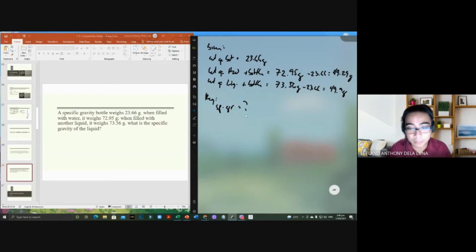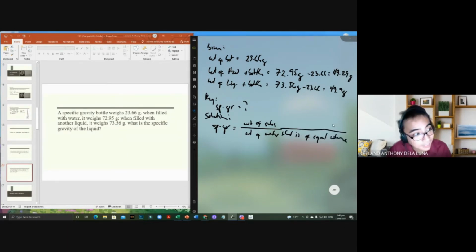Now, class, remember, sabi natin, specific gravity, pwede rin naman natin gamitin yung formula weight of substance, okay, over weight of water that is of equal volume, okay, to the substance. So obviously, class, ang weight ng substance ko would be 49.9 grams.